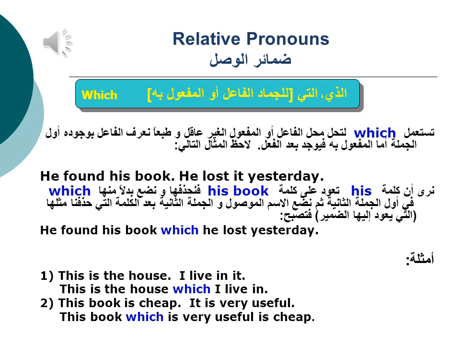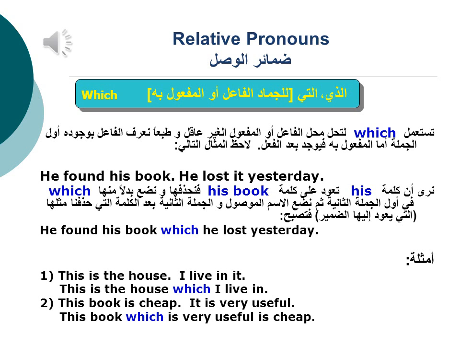Now there are two other examples. The first one is, this is the house, I live in it. So we say, this is the house which I live in. The second example, this book is cheap.